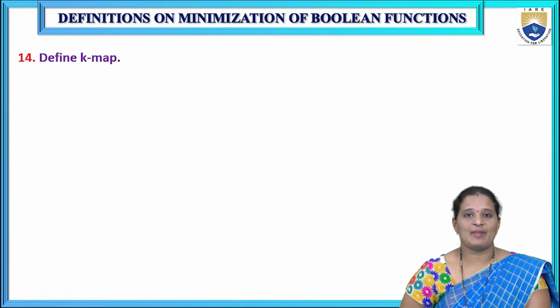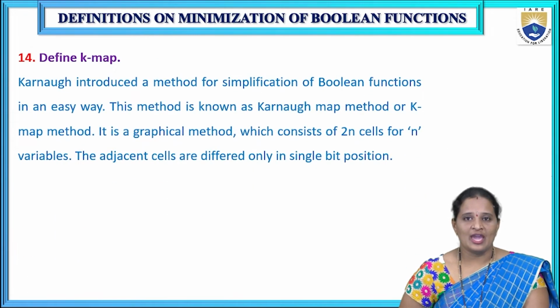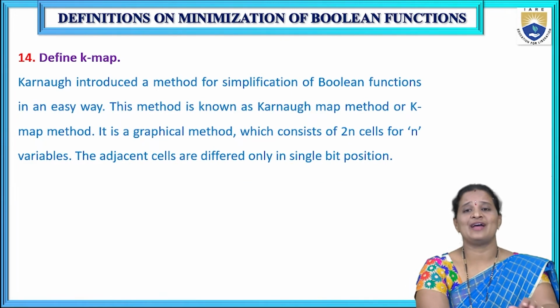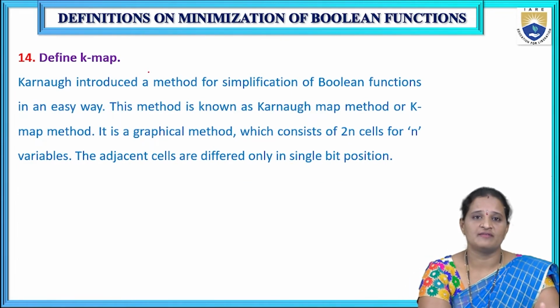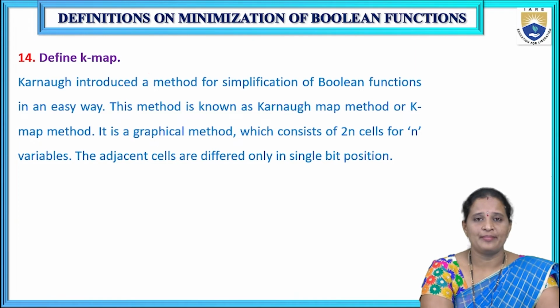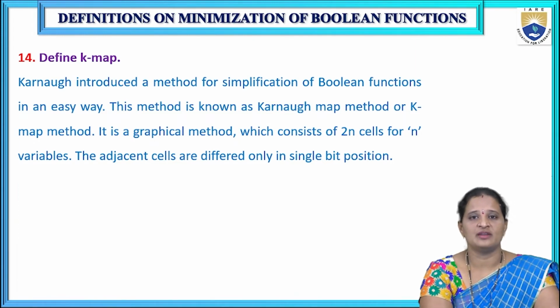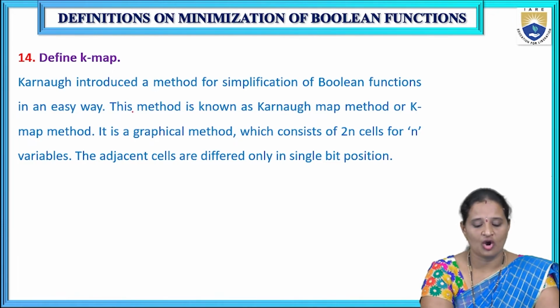Now coming to the K-map, define K-map. K-map is a graphical method of simplifying a Boolean function, which was introduced by the scientist named Karnaugh.